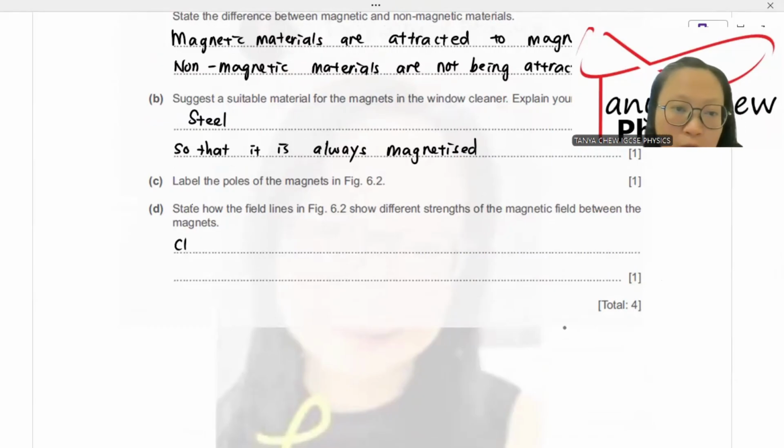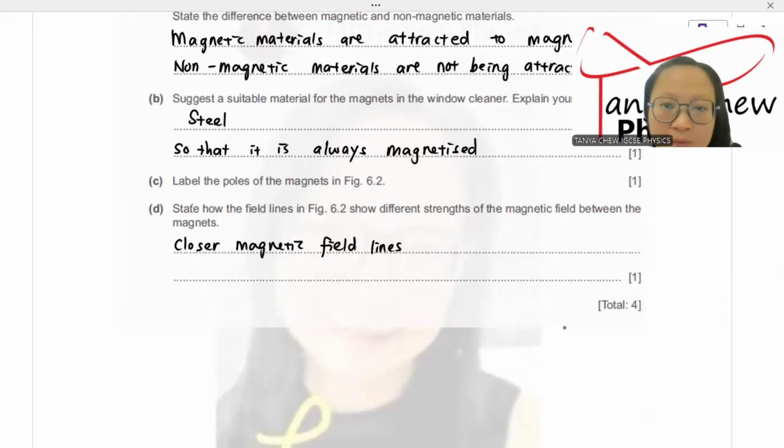That means the closer the magnetic field lines, the stronger the strength of magnets.